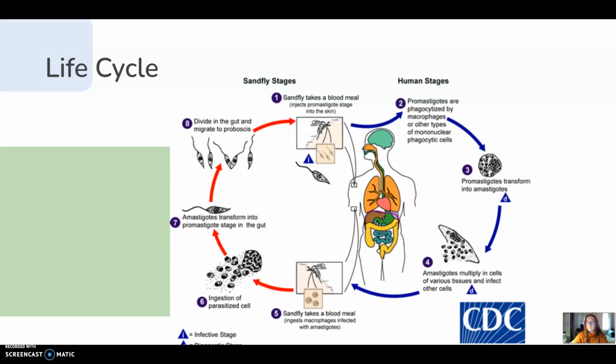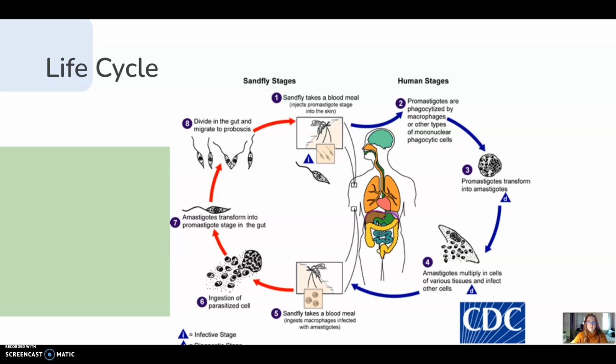In step 4, depending on the parasite, host, and other factors, the person becomes symptomatic, and any type of leishmaniasis can result from these. This is also where asymptomatic disease can happen.